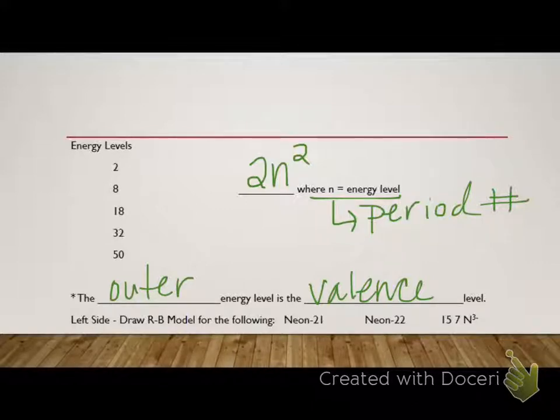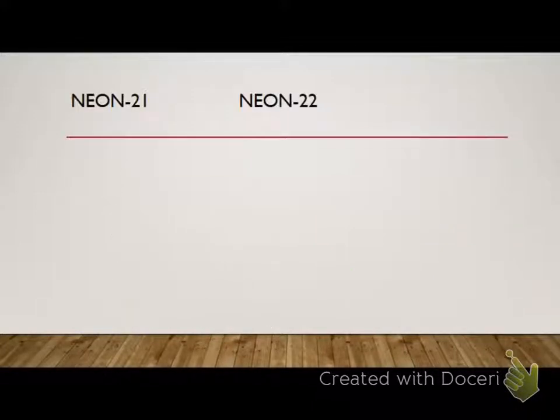We're going to draw a couple of these Bohr models. It says left side, but if you just find some little space on your paper, you can kind of see what we're talking about. We're going to draw neon 21 and neon 22 first. So if I'm looking at neon, I've got my nucleus.